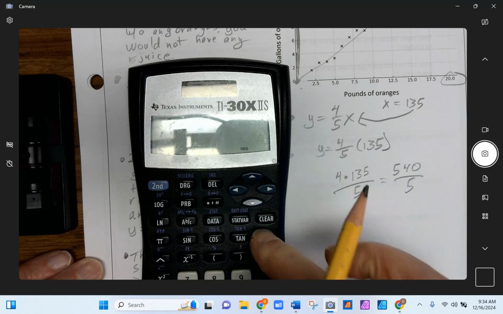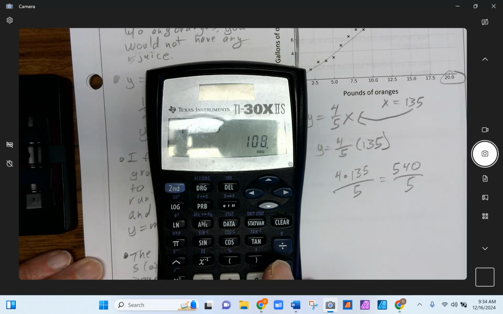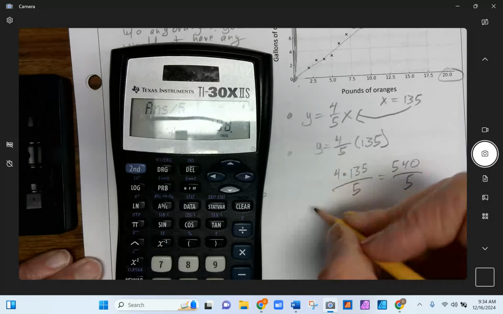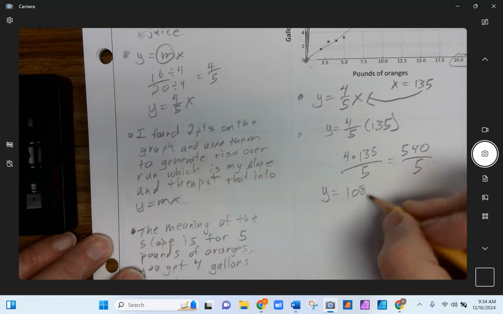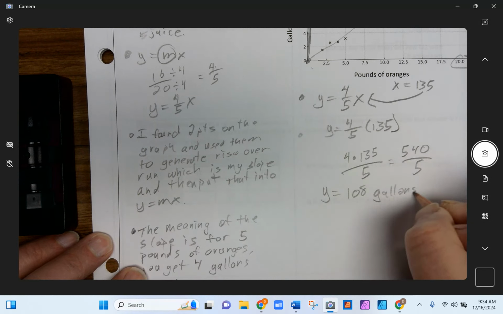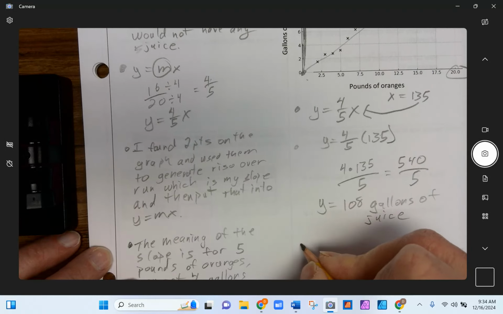Then we'll divide that by 5, and we'll get 108. So y equals 108 gallons of juice.